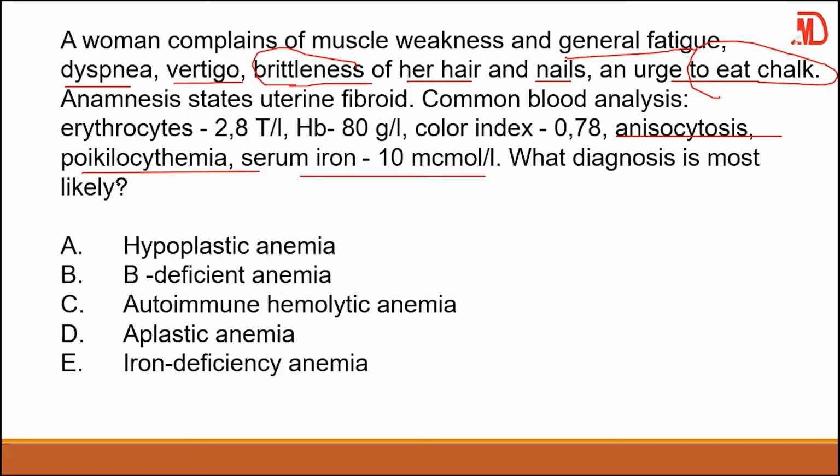What diagnosis is most likely? Definitely iron deficiency anemia, no two ways about it. Hair loss and brittleness are classic for iron deficiency. And of course, hemoglobin and color index also confirm it. Hemoglobin is low. All right, so your answer is E.